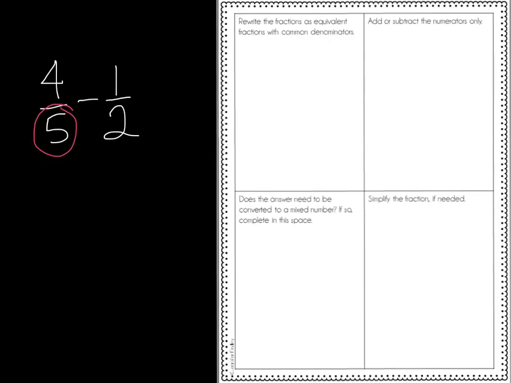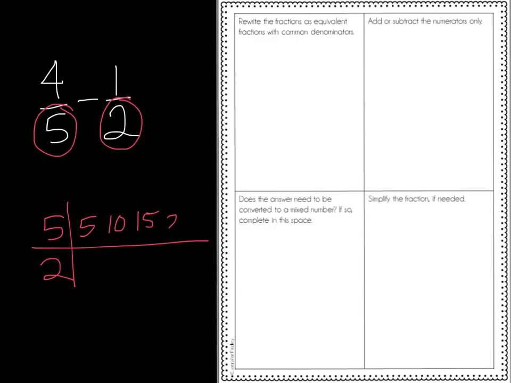We need to find the least common multiple of 5 and 2. Multiples of 5 are 5, 10, 15, 20. Multiples of 2 are 2, 4, 6, 8, 10, 12. From my list of multiples, I can see that my least common multiple is going to be 10.